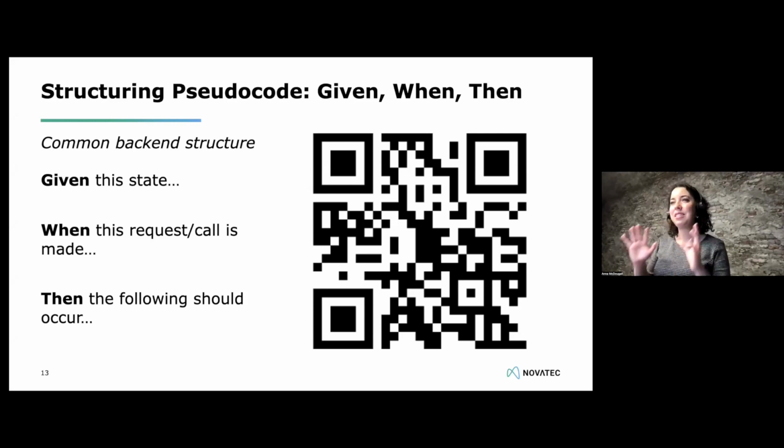So this is the one that I've seen mostly in backend testing, but it can also be applied. You'll see how similar it is to the structure that I use. It's the given, when, then scenario. So you say, given this state in my application, so given a login screen, when, and then you say what actually happens when I enter my username and password, then, and that's where you put in your expectation.